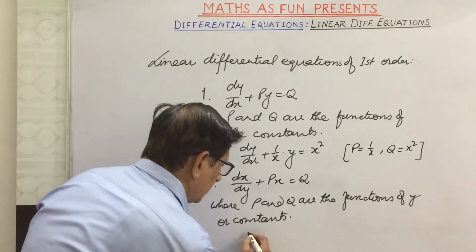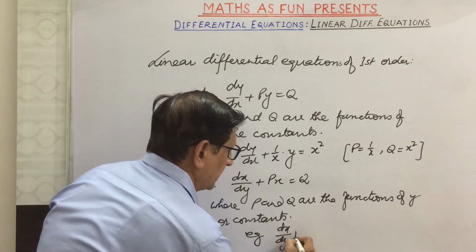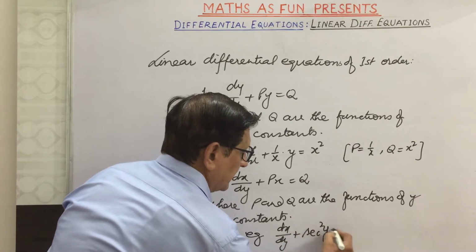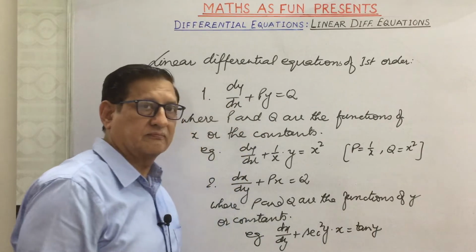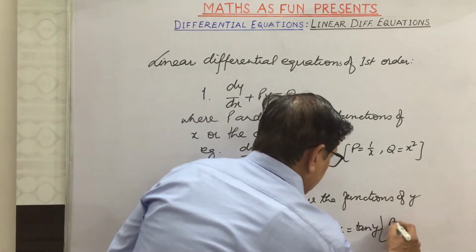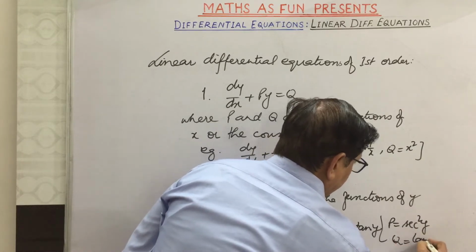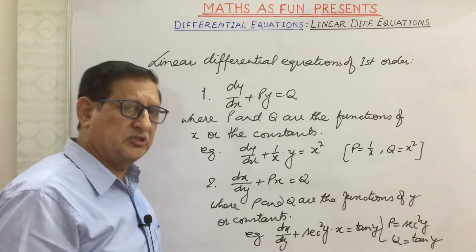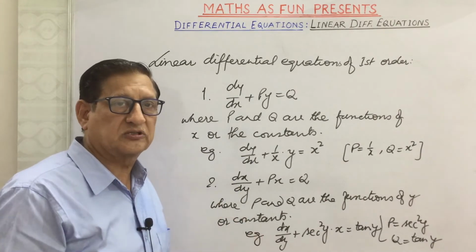For example, dx upon dy plus sec square y into x is equal to 10y. Here we find that p is equal to sec square y and q is 10y. So these are the two types of linear differential equations of first order.